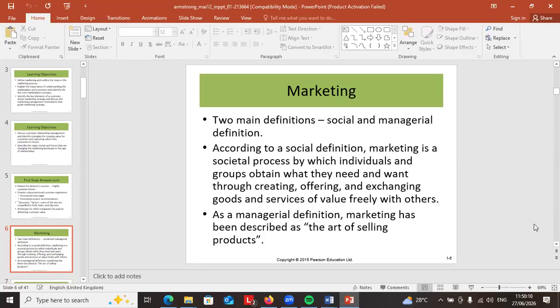As a managerial definition, marketing has been described as the art of selling products.